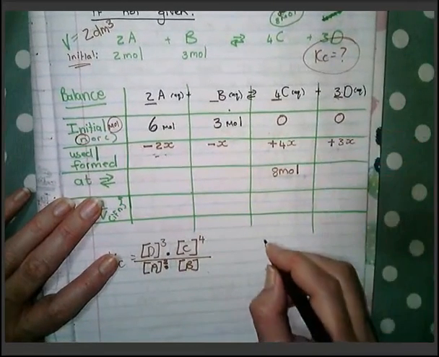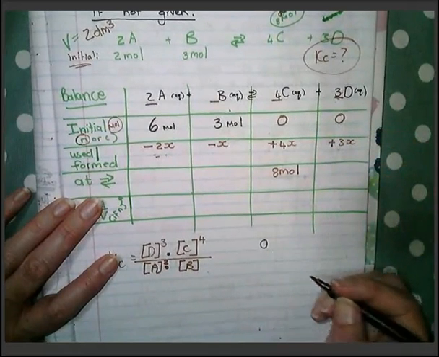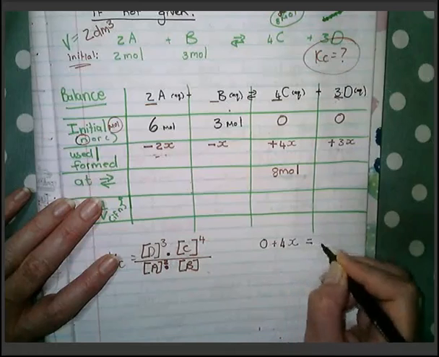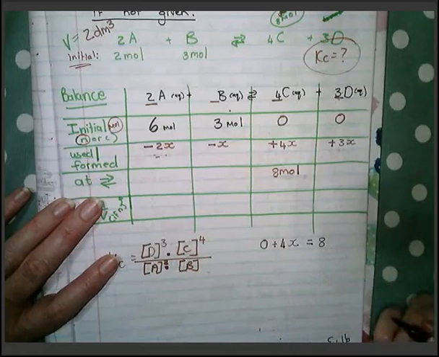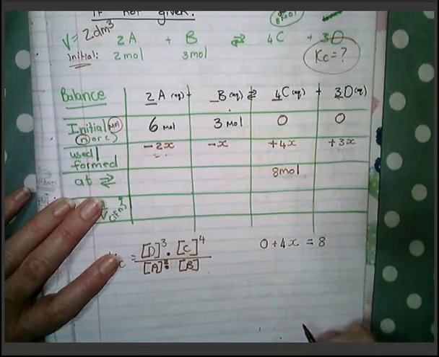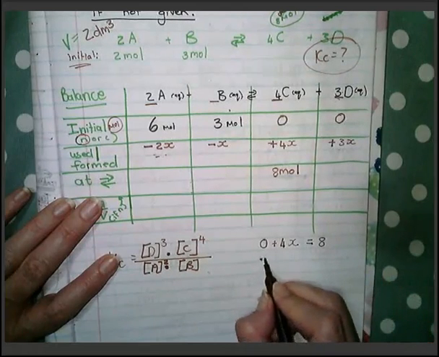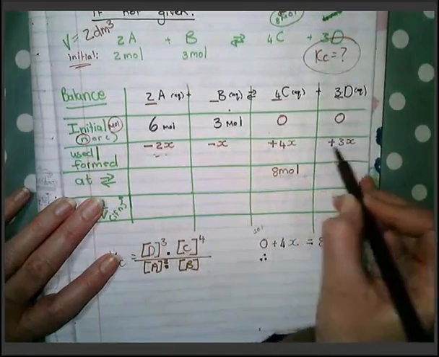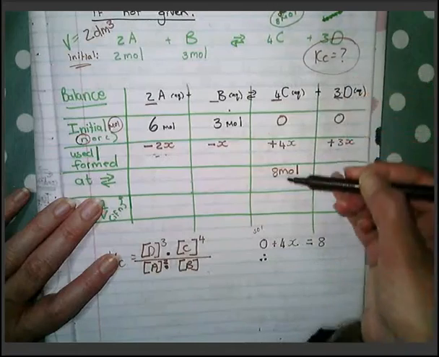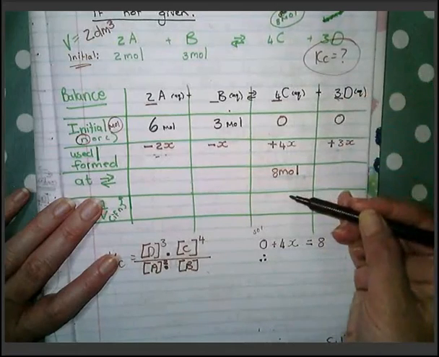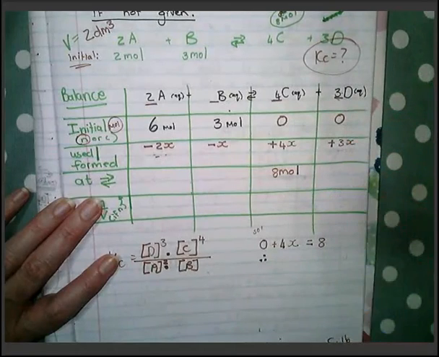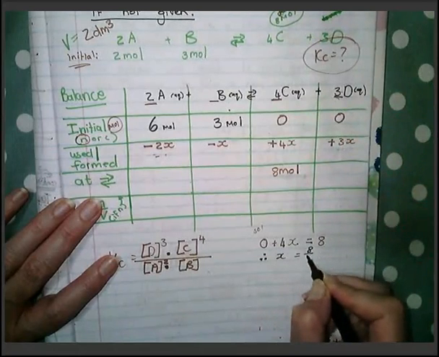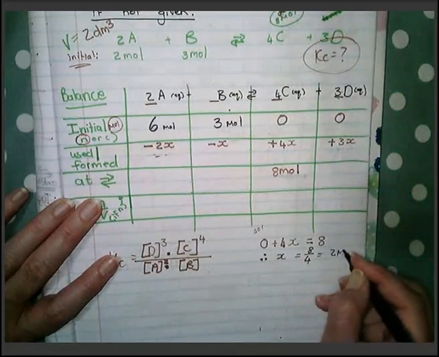That means we have 0 mole, we add 4X mole, and then we get 8 mole. So 0 plus 4X is 8. And now we solve for X. After you've written these, you look for a column that has 3 pieces of information and use that as a mathematical expression to solve for X. So X is 8 over 4, which is 2 moles.